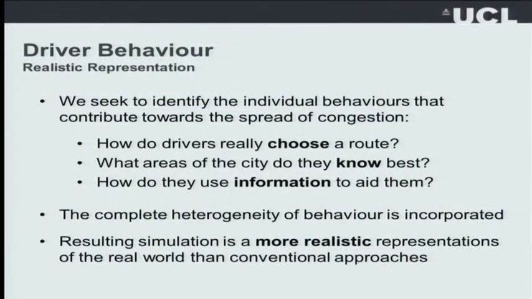We want to look at how people really choose a route between origin and destination, or what influences their choice, whether their knowledge of an area influences their decisions, if they make different decisions according to how much they know of the network, and whether they use information to guide them, things like sat-nav and radio. What we're trying to do is incorporate all of these behaviors into agent-based simulation, where a fuller heterogeneity of behavior is incorporated, resulting in a more realistic representation of real-world phenomena.